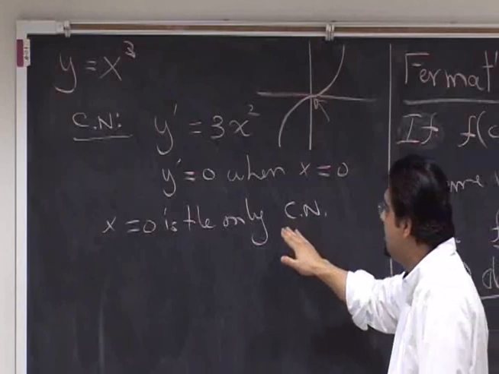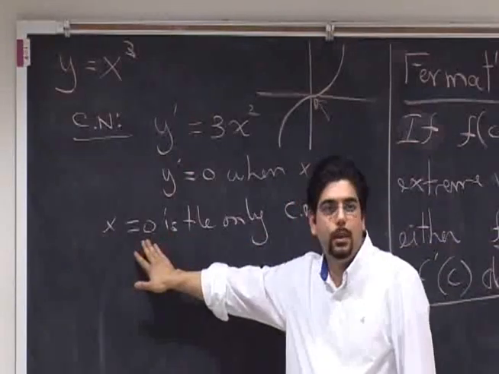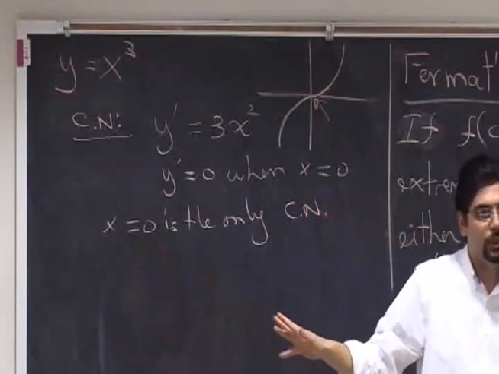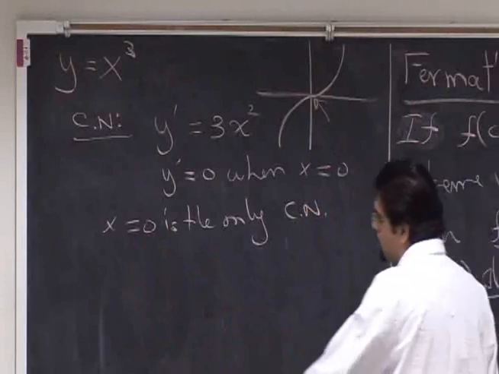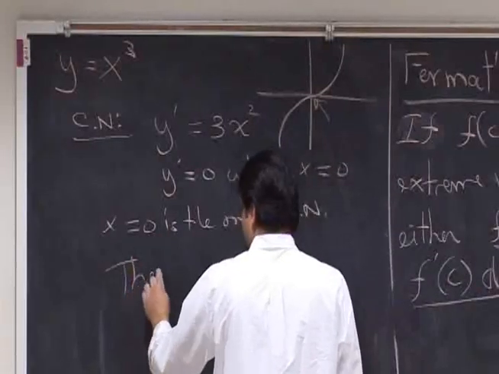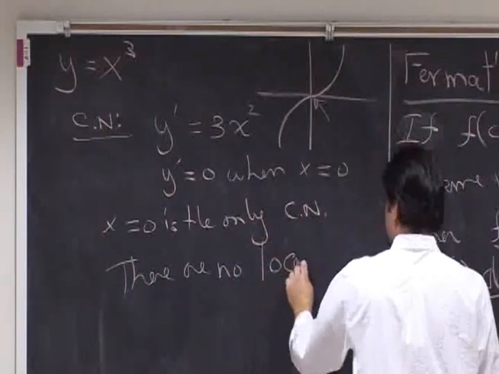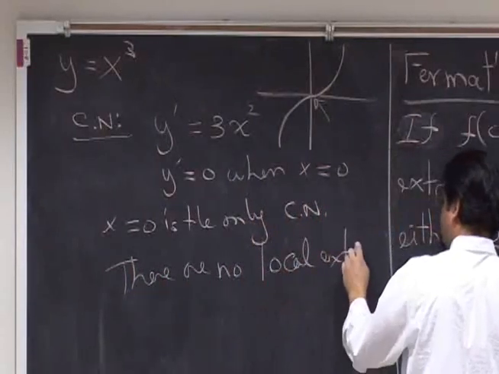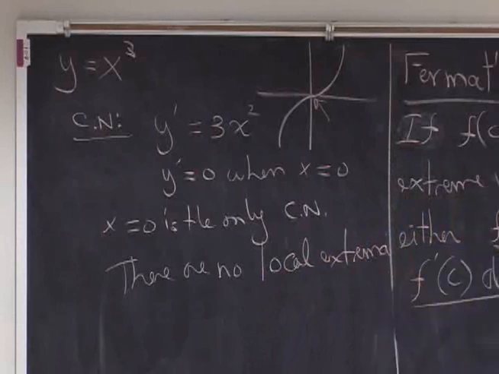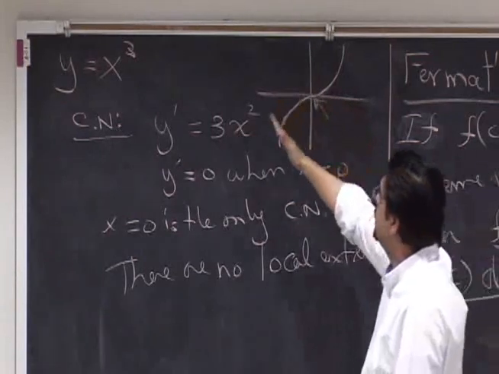And since this is the only place to look for local maxes or local mins, we can stop looking. We can say there are no local extrema. And then we don't have any endpoints to test because this is a function that's defined on the whole real line.